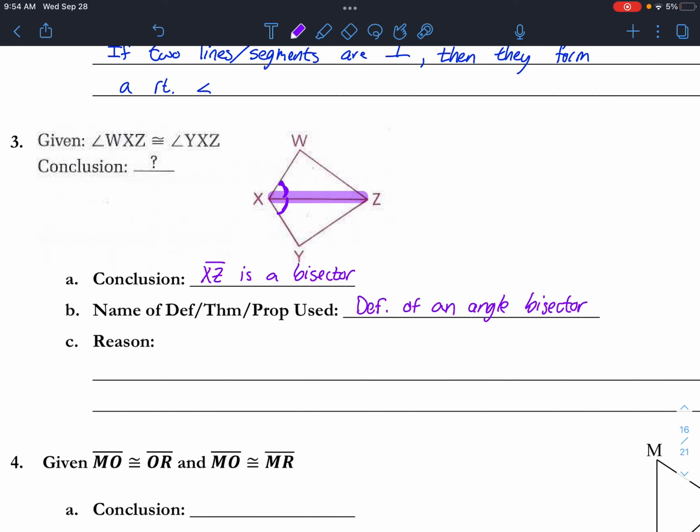Reasoning for that, if a line slash segment cuts an angle into two congruent parts, comma, then it is an angle bisector.